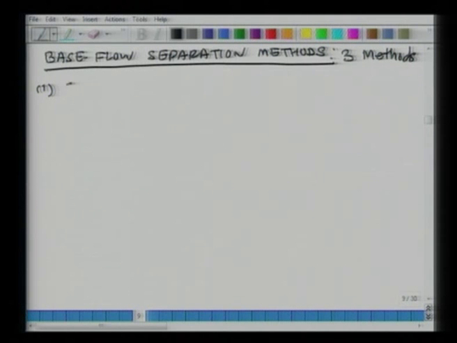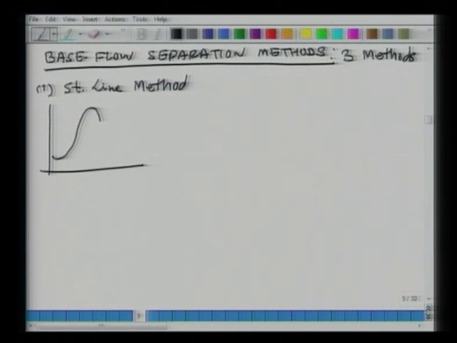Okay. First one is called the straight line method. What we do in the straight line method is we find the beginning of the storm hydrograph. Let's say that point is A, and we estimate the end of the runoff.